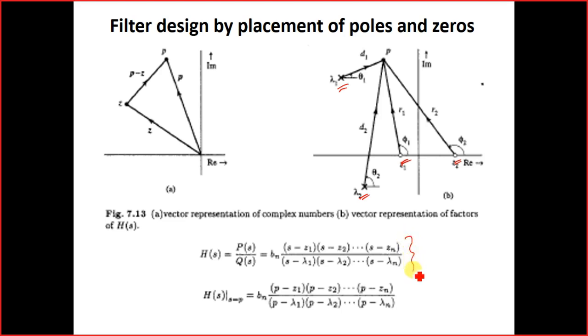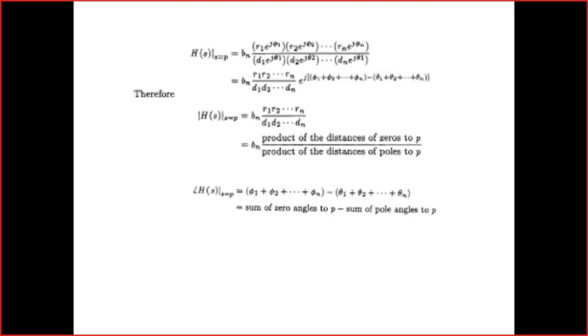Transfer function of the system. Okay, we have seen yesterday that if we have to find out the magnitude response of a filter, then what we have to do? If there is a constant multiplier, we have to multiply with the constant multiplier. Then we have certain numbers in the numerator and denominator which are getting multiplied.